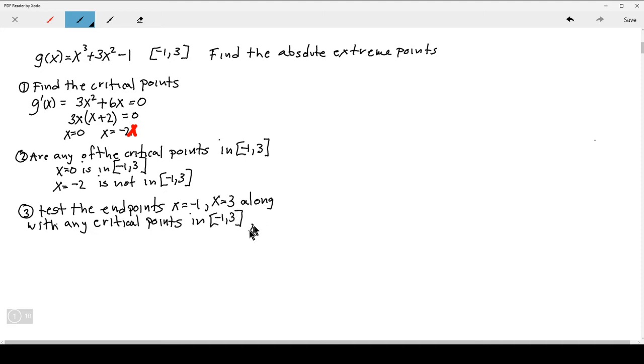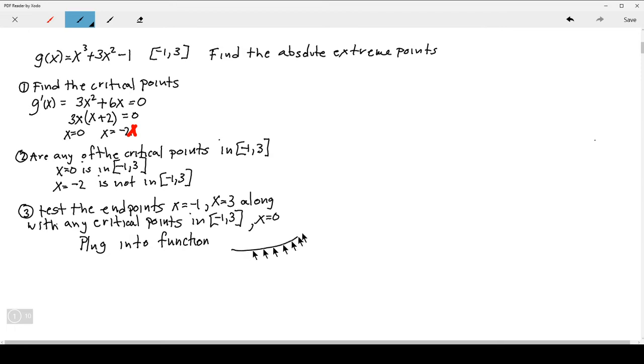So that means x equals 0. And when I say test, I mean plug them into the function.